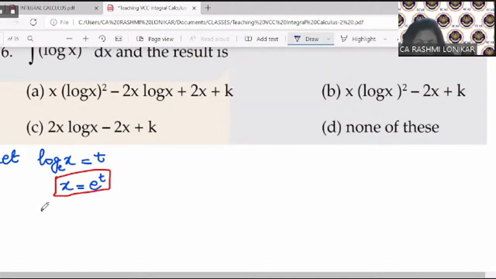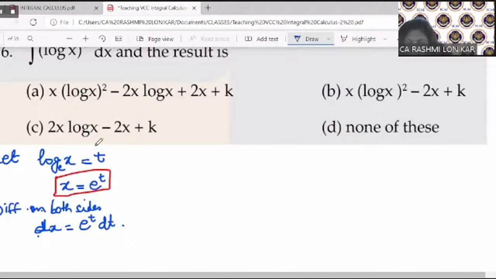The second step is differentiating on both sides. What do I get? dx is equal to e raised to t dt.